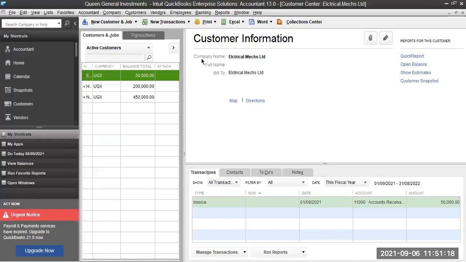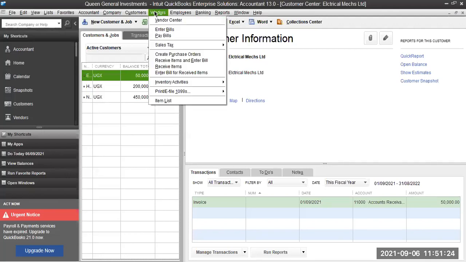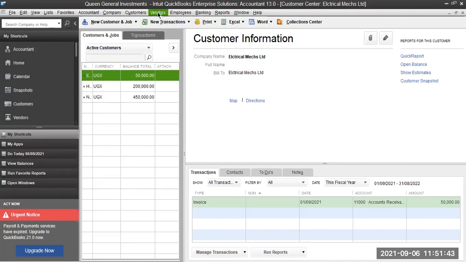Let's come back. We are going to pay suppliers. That means we are going to write checks, or we are paying bills. So to clear up the suppliers, you go to vendor.